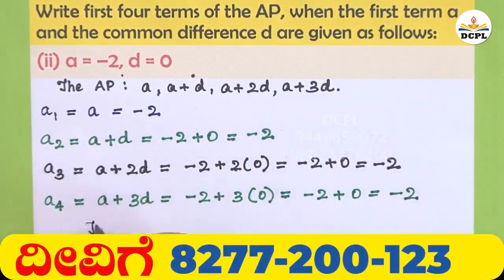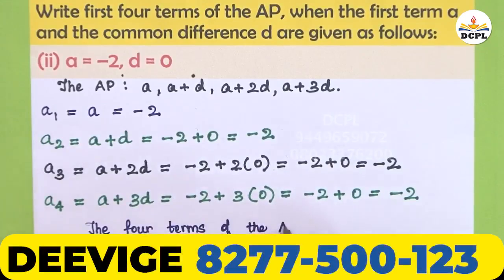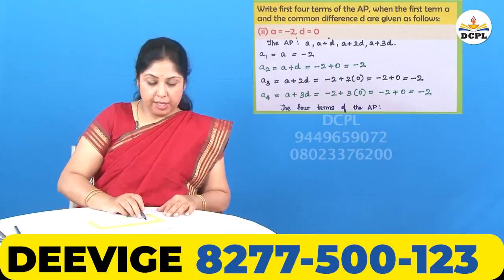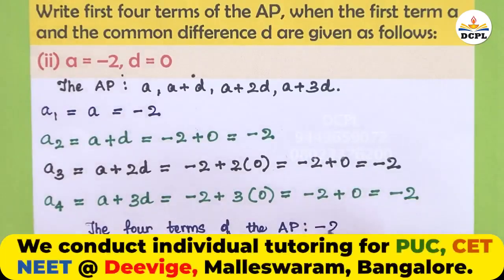So what is the conclusion? The 4 terms of the AP whose first term is -2 and d is 0 is given by -2, -2, -2, -2.